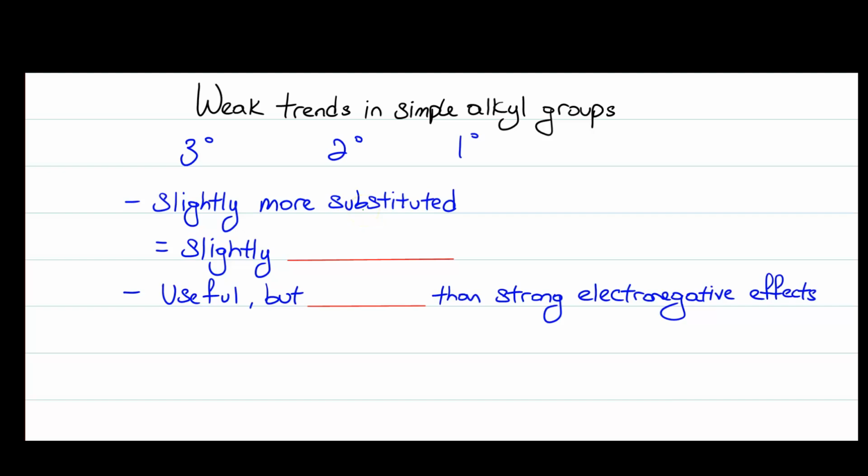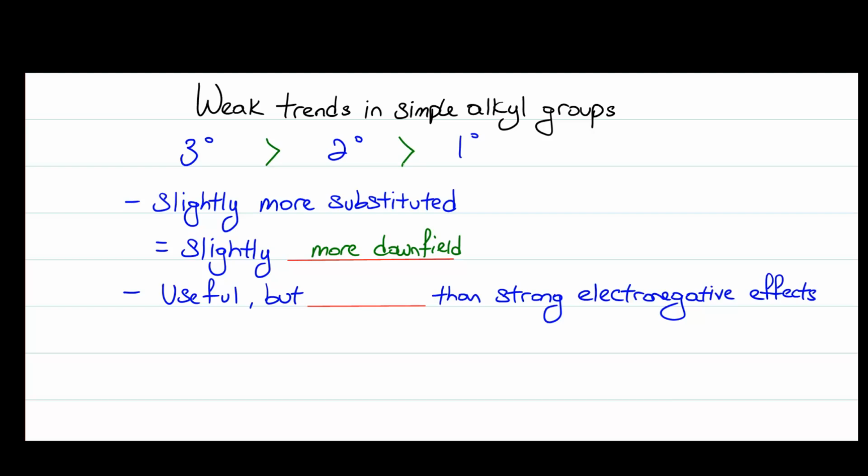There is also a smaller trend that you should know. In simple alkyl systems, protons on more substituted carbons are often slightly more downfield. Slightly more substituted equals slightly more downfield. So tertiary tends to be a little more downfield than secondary, and secondary a little more downfield than primary.